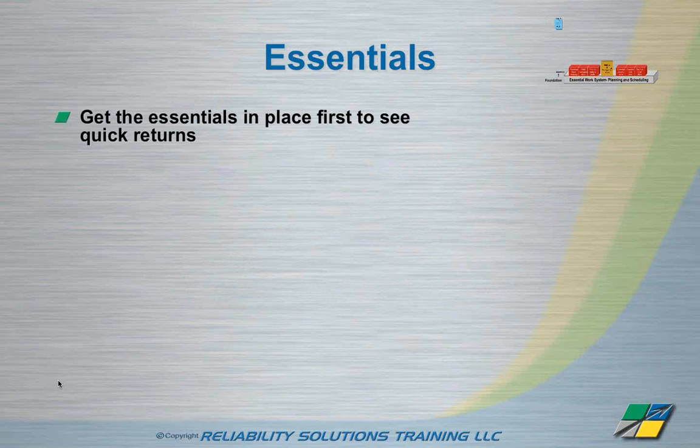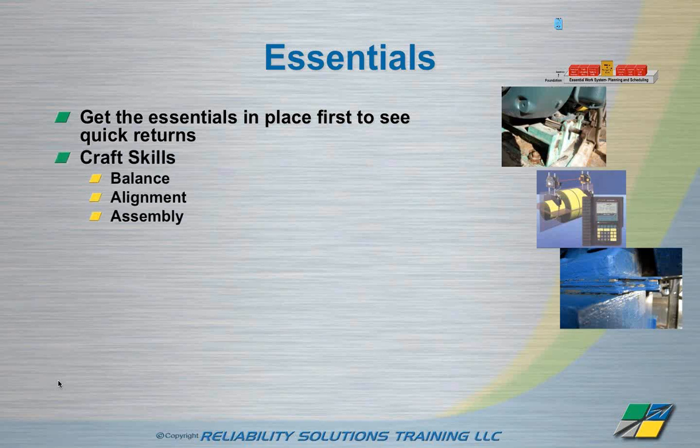We don't use the word basic in our organization because none of this is basic. It's all essential. And these have to be put in place first, and the advantage of doing it this way is that by putting these essential skills in place, you see quick return on investment. You get a short-term, easily measurable improvement.